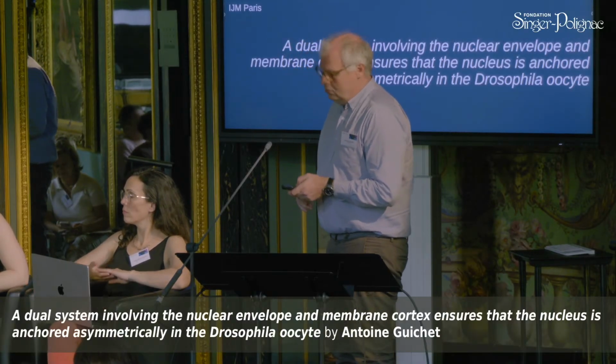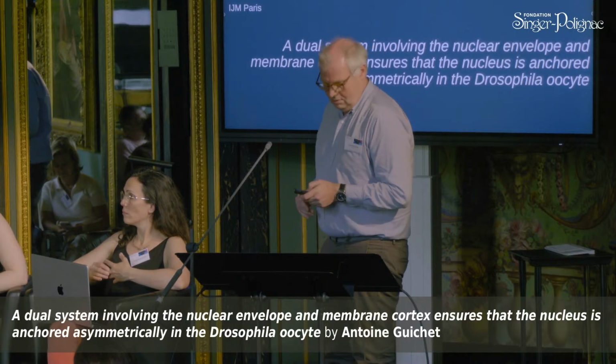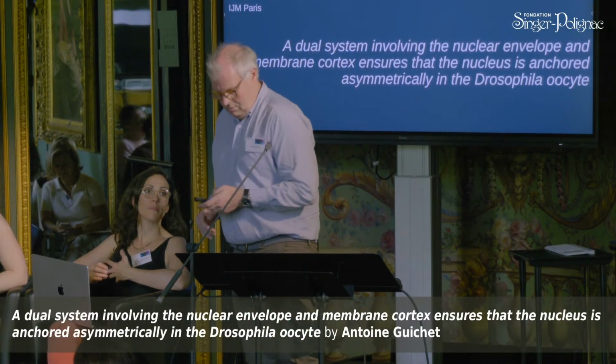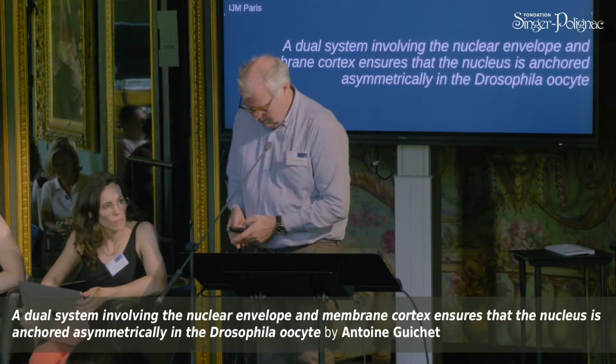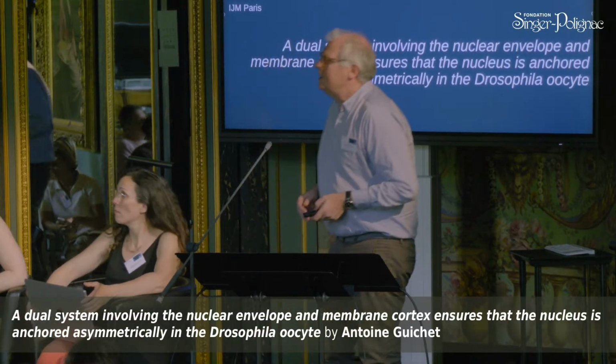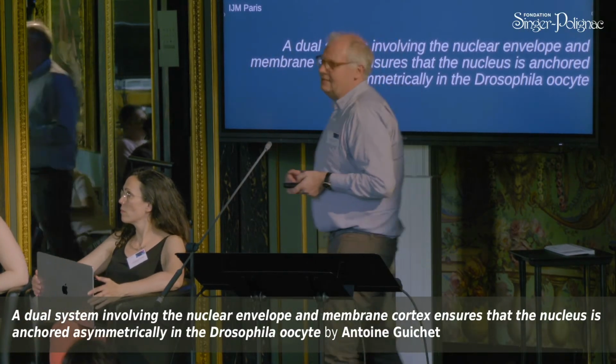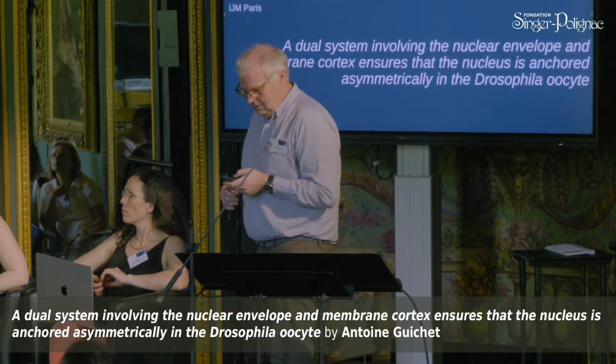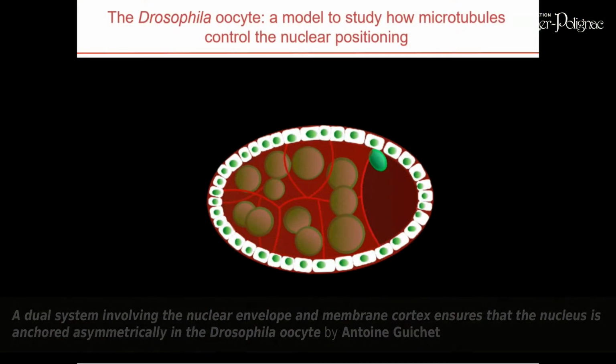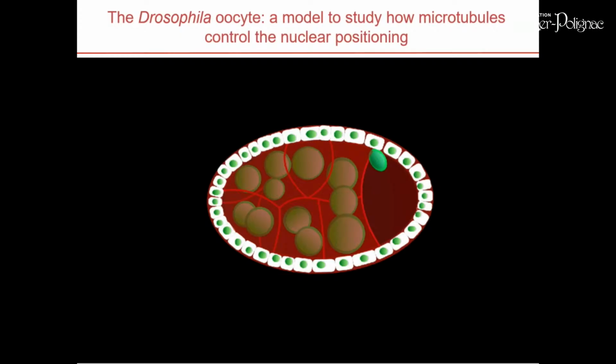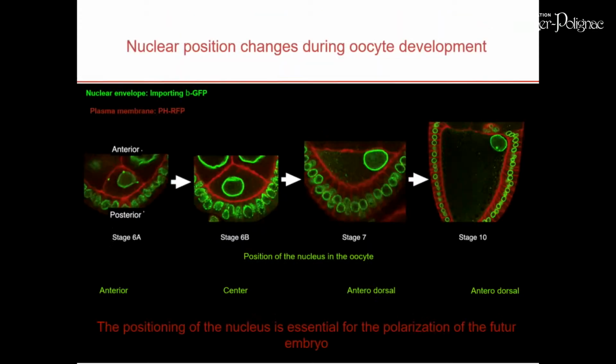And in order to study this, we are using the Drosophila oocyte as a model system. The Drosophila oocyte is a large cell in which the nucleus is asymmetrically located.